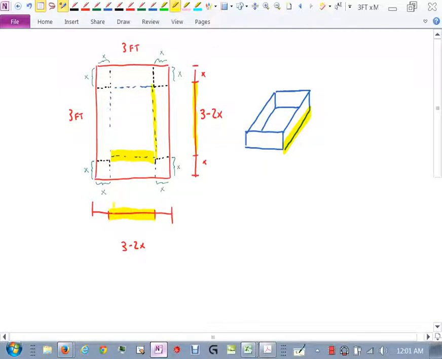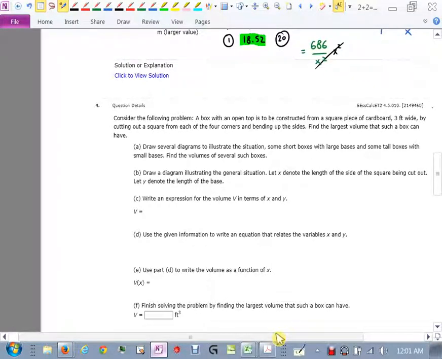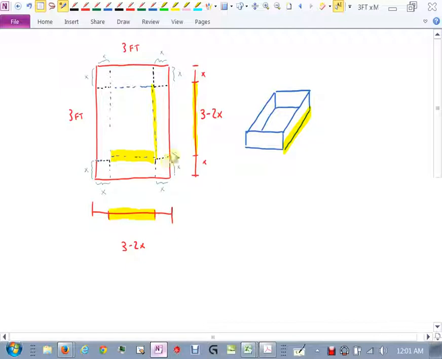Now the reason I'm doing this is because, going back to the question, I'm trying to find the largest volume that this box can possibly have. Depending on the size of this x, I could have different shaped boxes. If I make a real big cut, then my box would be very tall, but not as wide.